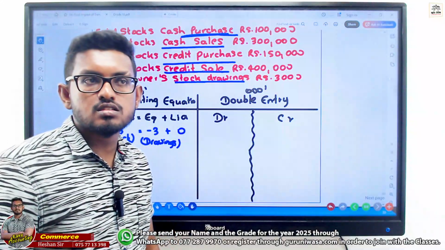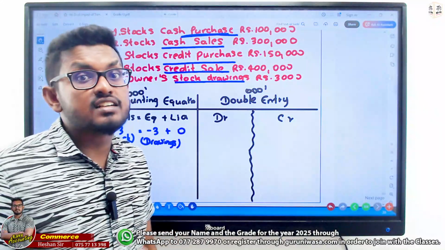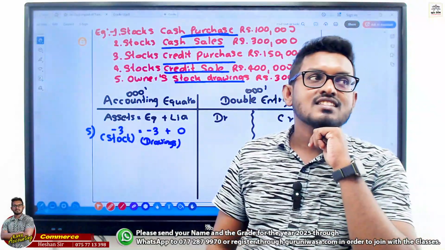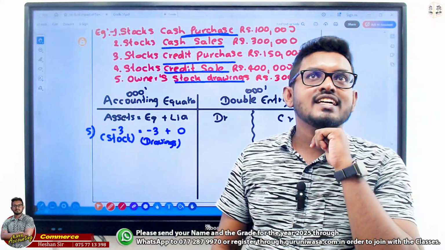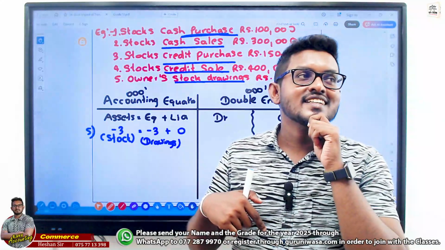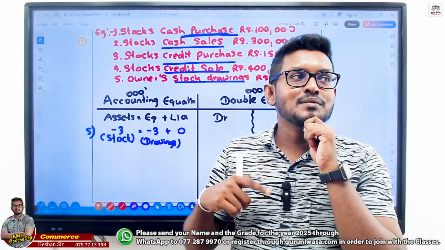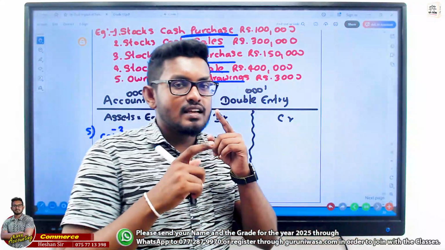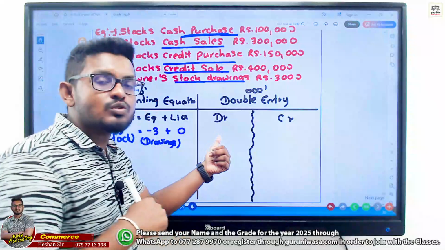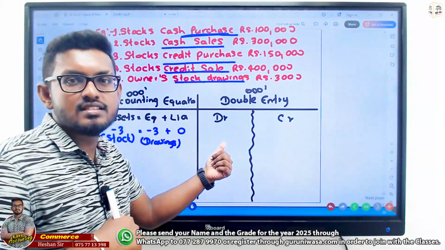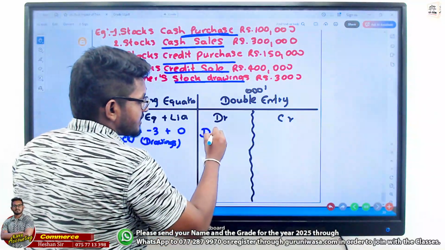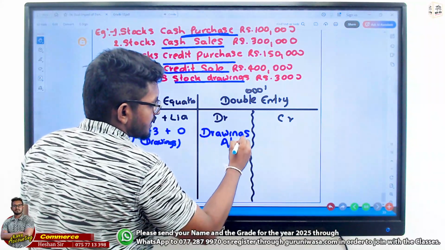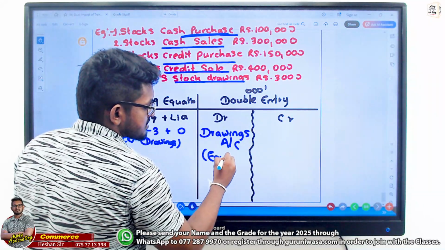All clear to you guys? Right? When equity decreases, it's debit or credit? Quickly tell me. Equity decreases. Liability, income and equity, increase credit, decrease debit. So, equity decreases, it goes to debit. Understand? So what is the debit entry? Drawings account. Why? Equity decreases.